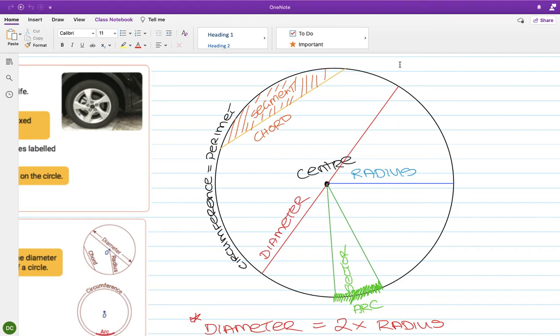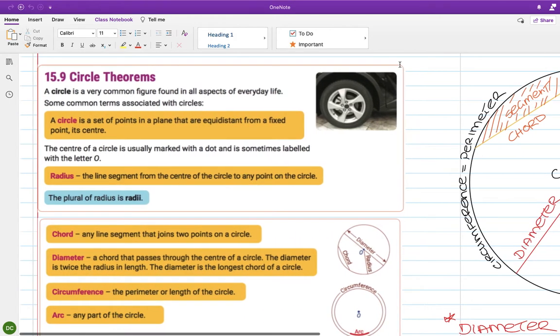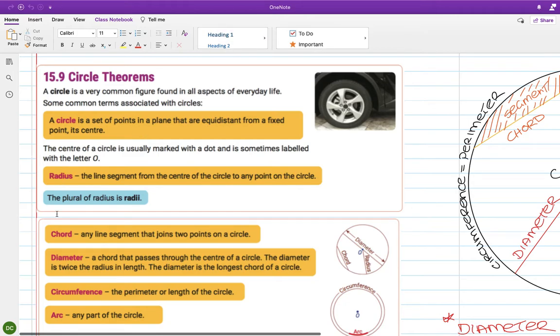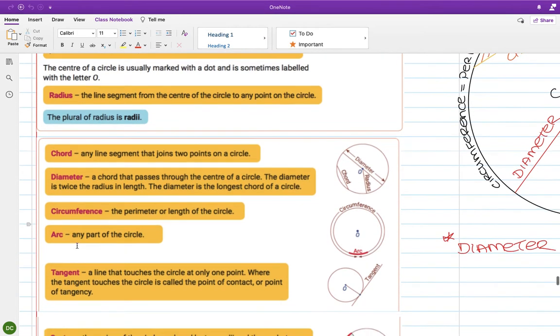For a circle, it's called the circumference. For any other shape, it's called a perimeter. So it is the perimeter of a circle, it just has a different name. So the circle, radius, chord, diameter, circumference, arc.